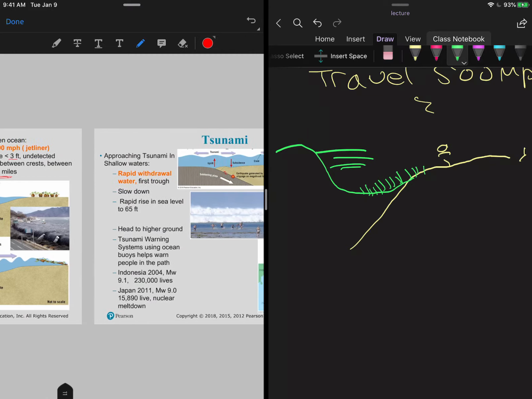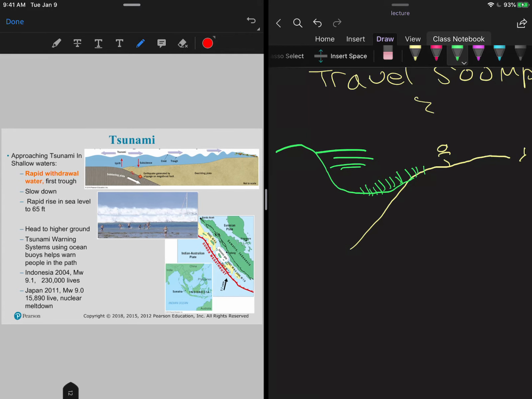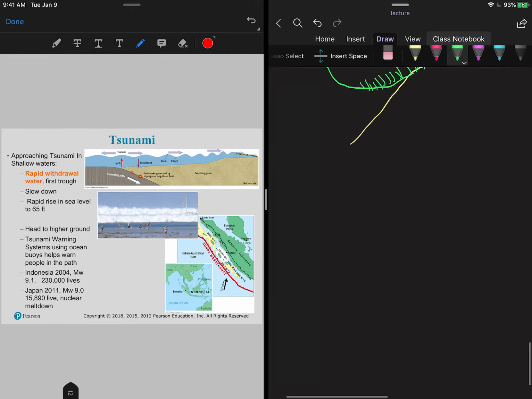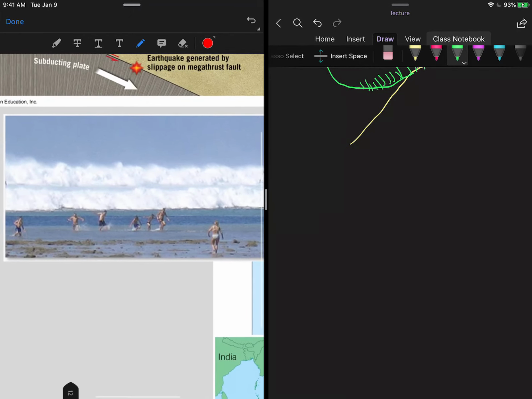I believe that's what you're going to see on the next slide. This is one clear signal of an approaching tsunami: you can be at the beach, and if the water recedes farther than normal, that's an indication that a tsunami is approaching. Because as the tsunami approaches, there's a big wall, but before it, there's a big dip.